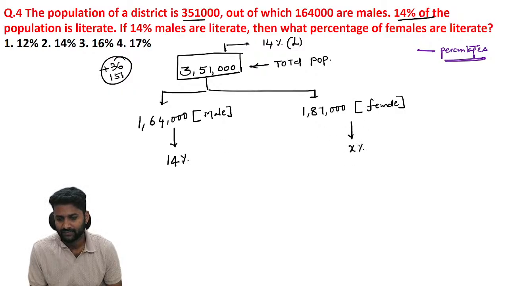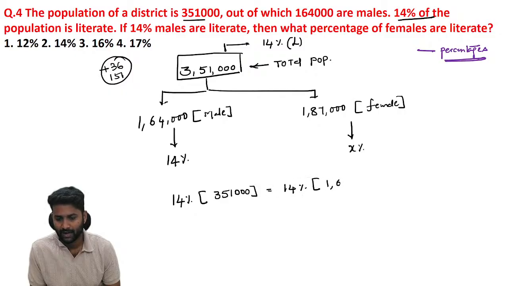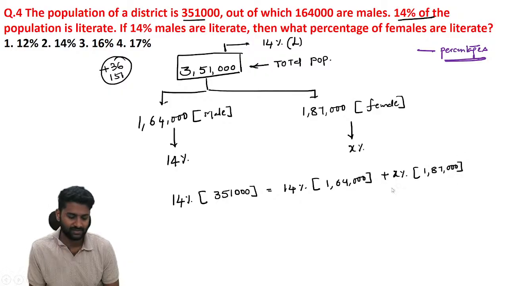So we have to identify the value of X. As you know, the total literate value, 14% of the total population 3,51,000, is equal to 14% of 1,64,000 plus X percentage of 1,87,000. It's common sense, no need to go through so many calculations.